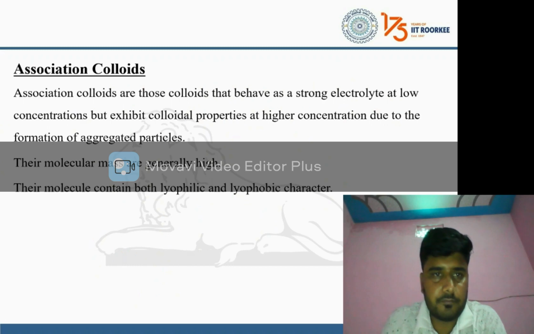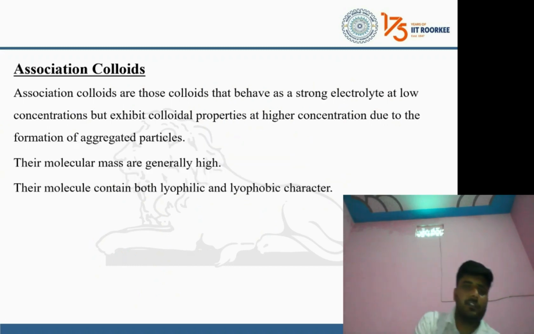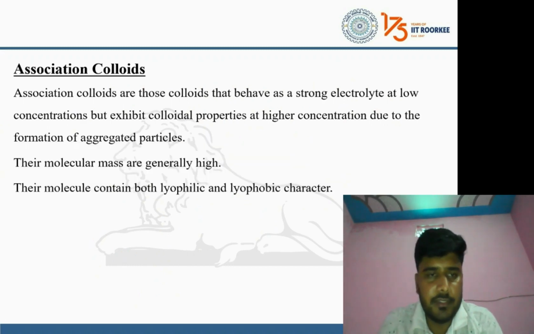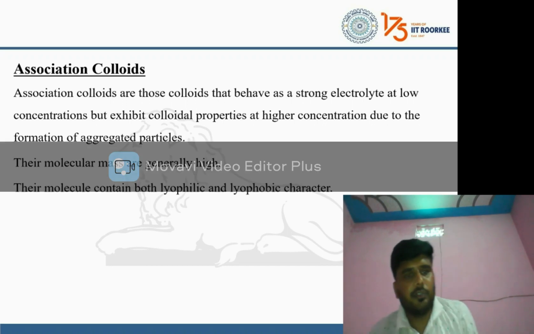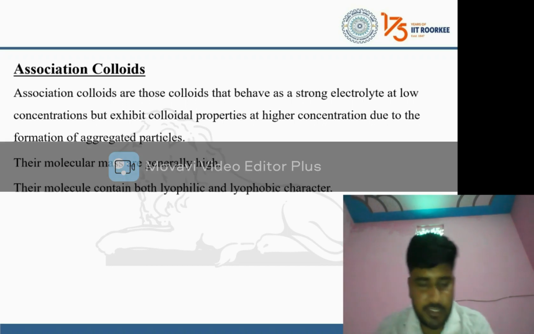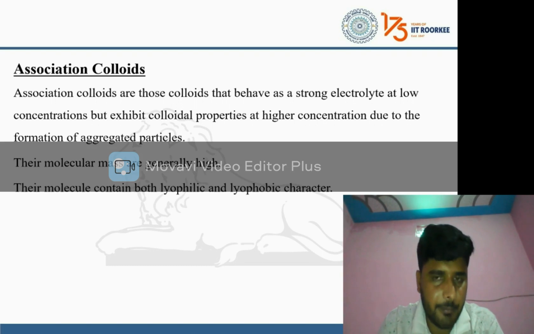This is basically the definition of association colloids. Association colloids are those colloids that behave as a strong electrolyte at low concentration, but exhibit colloidal properties at higher concentration due to the formation of aggregated particles, just like the example of micelle formation.